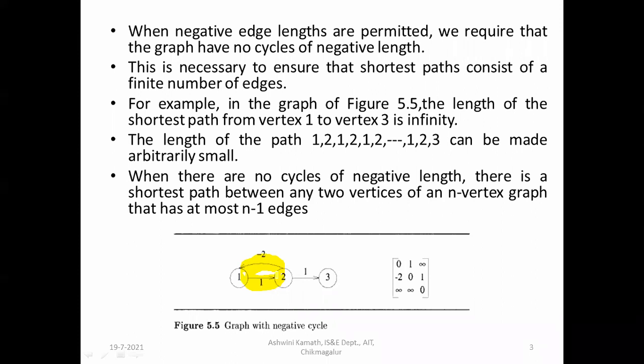But when there are no cycles of negative length, there is a shortest path between any two vertices of an n vertex graph that has at most n minus 1 edges. I hope you understood. When we have a negative length cycle, in the process of finding the minimum cost path, it will go to infinity.